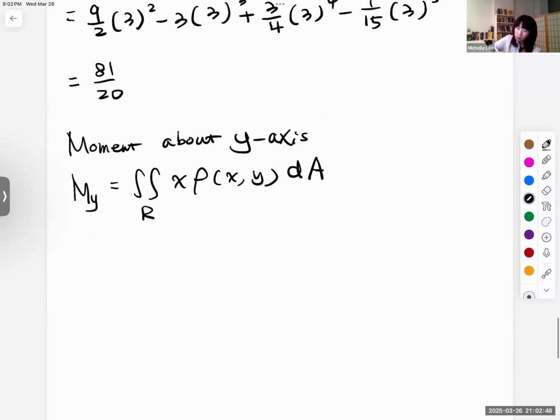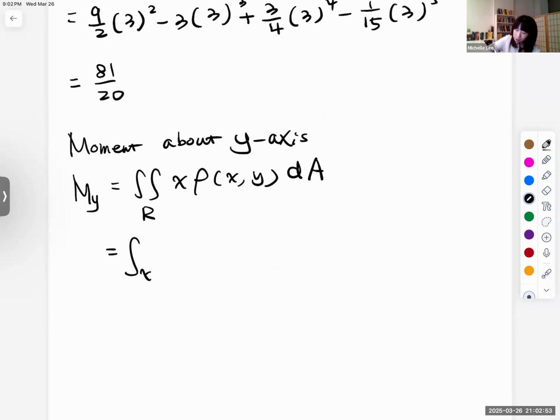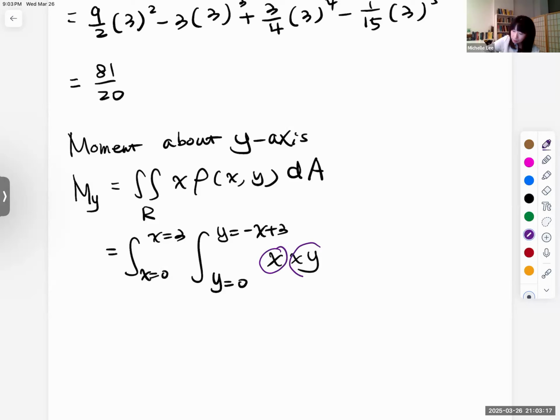We are using the same limits: x equal to 0 to 3 and y equal to 0 to negative x plus 3. And we insert x, times xy for the density function rho, dy dx.